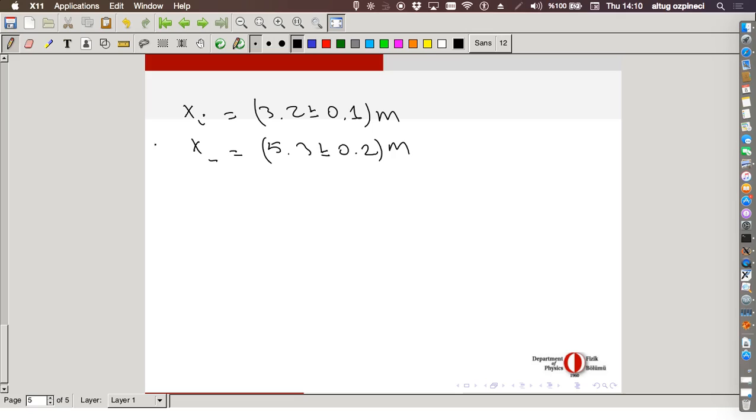Okay, let's do another example. Let's say the initial point is 0.2, final point is 2.1 plus minus 0.2. What is delta x?